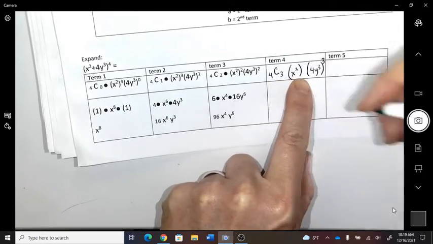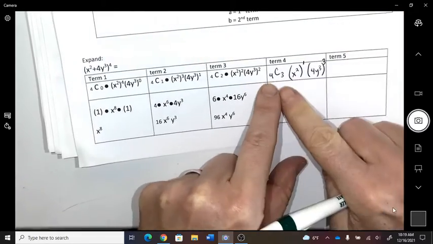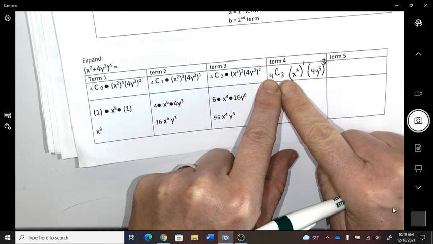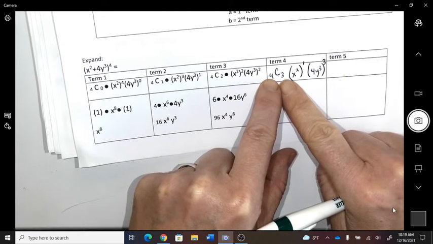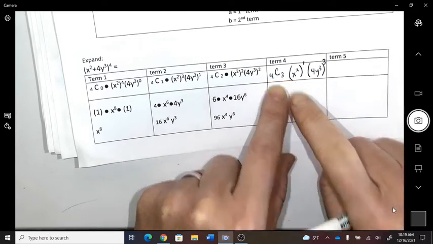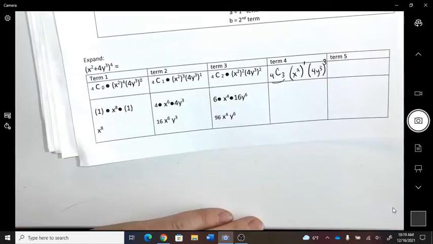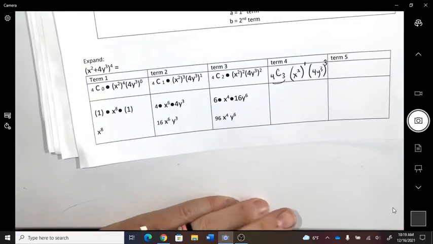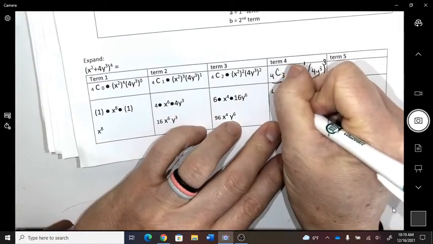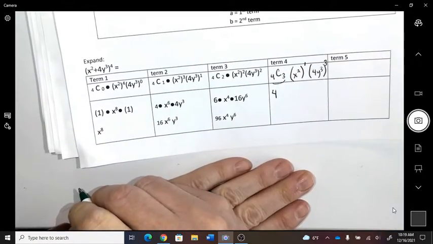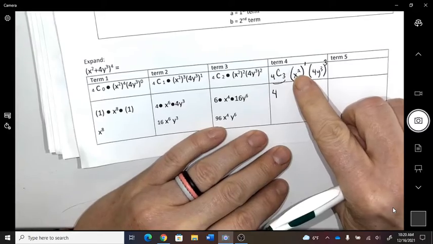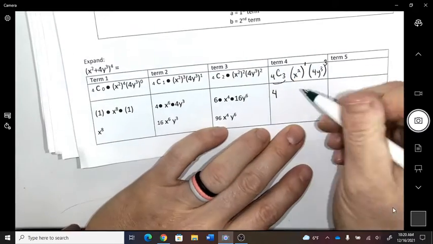And the exponent on the first part is the subtraction of your choose numbers. Okay, so in my calculator I'd be doing that. 4 choose 3, 4. X squared to the first is just x squared.